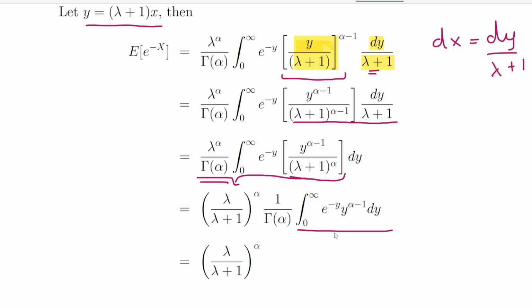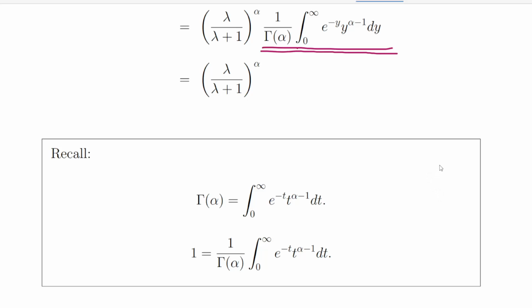And how come things have moved so quickly? Well, what do we know about these two parts here? This 1 over gamma of alpha times the integral from 0 to infinity of e to the minus y times y to the power of alpha minus 1 dy: the gamma of alpha is this expression here.